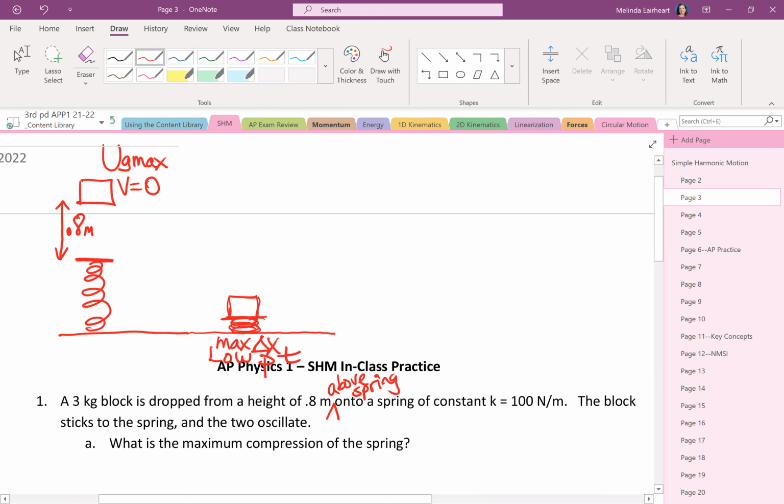We can actually call this our 0 meters. Oh, let me put that on the other side. Or here. We'll do this. Everybody agree? So if this is our lowest point, we have 0 meters. How much gravitational potential do we have?